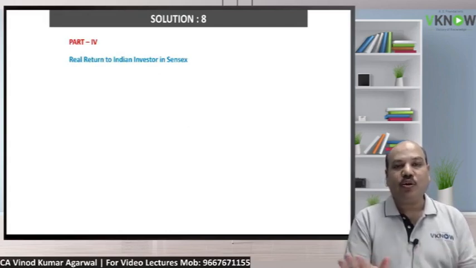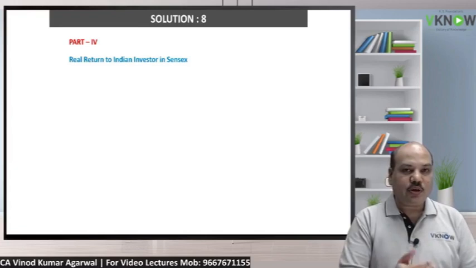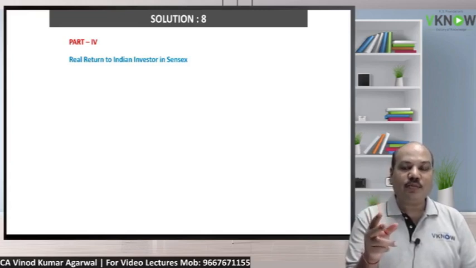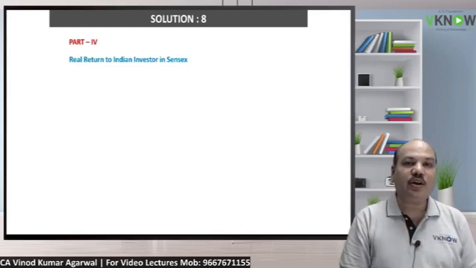Now there is no role of exchange rate here, because you are an Indian investor, you are investing in Sensex. So first we'll find out nominal return by just comparing the opening and closing index, and then we will remove the inflation effect, and we'll get the real return.